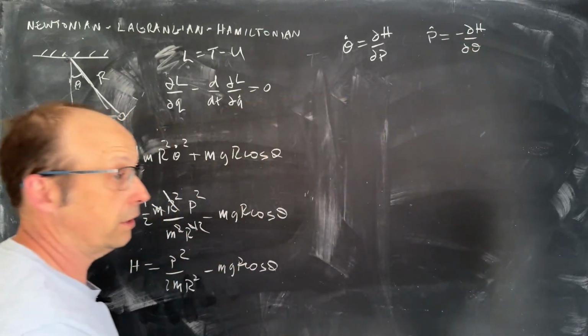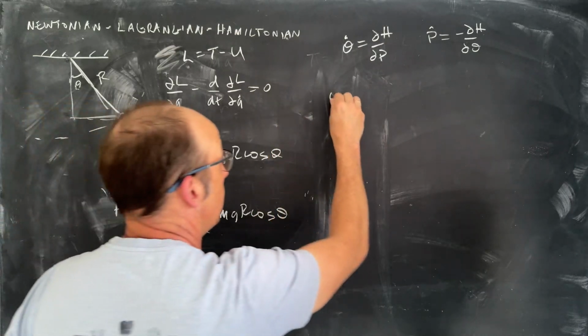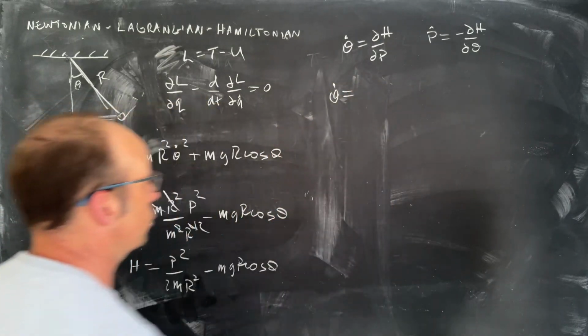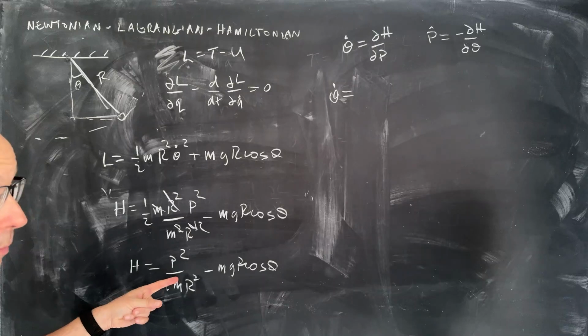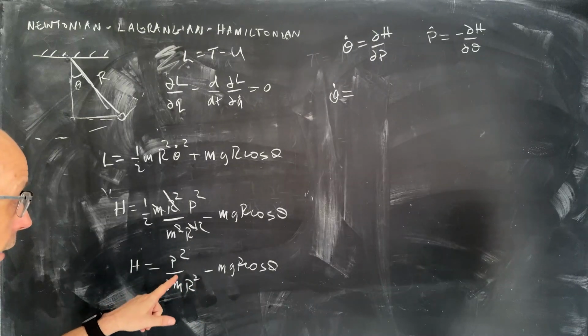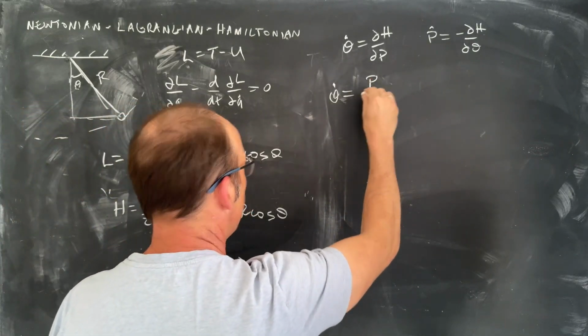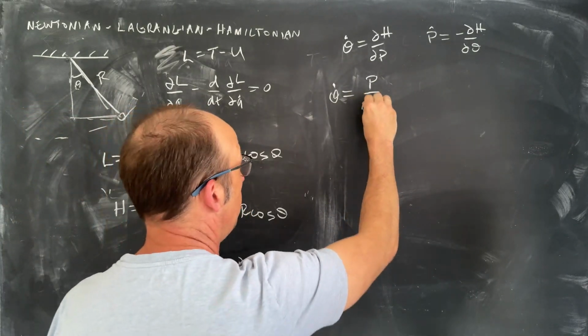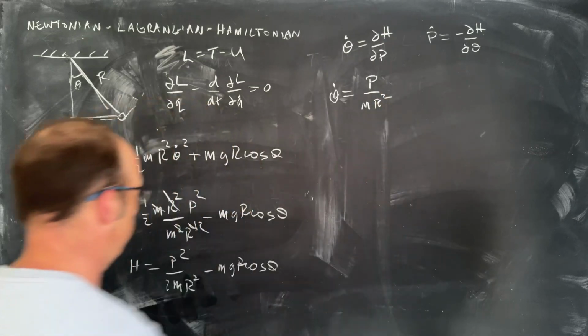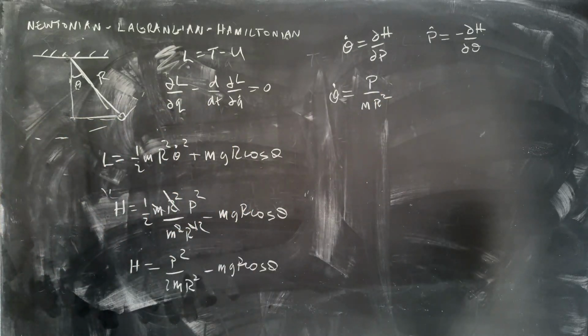So we have two equations. Let's do this first one. Theta dot is going to be the partial of h with respect to p. If I take the partial of this with respect to p, I only have one thing in here, and it's this p, so I get p over m r squared. And that's theta dot.